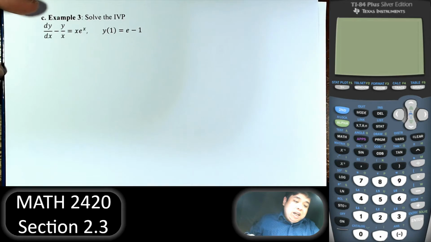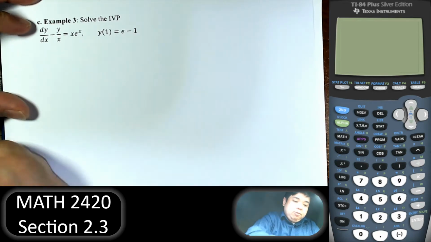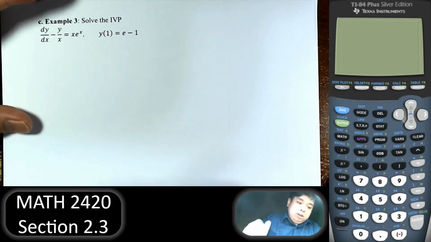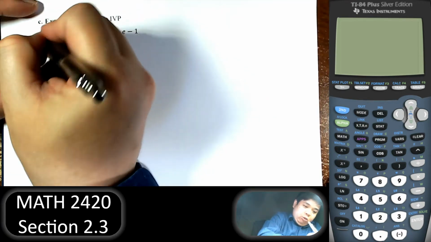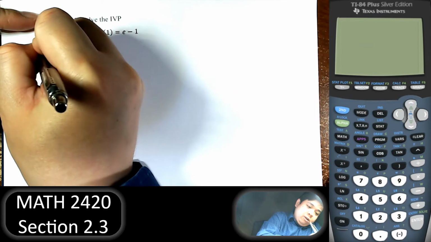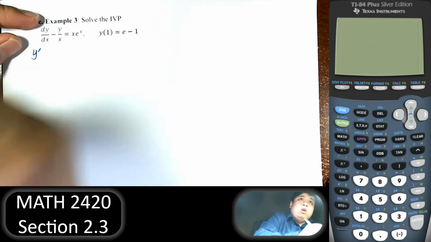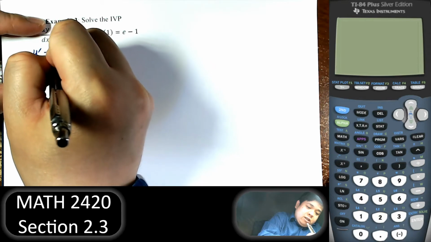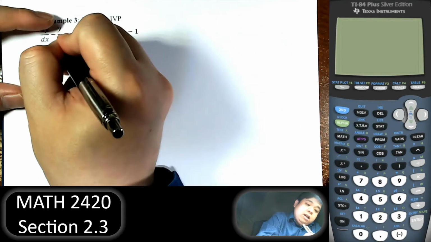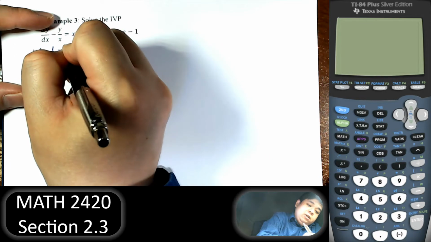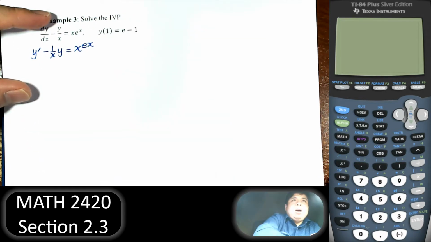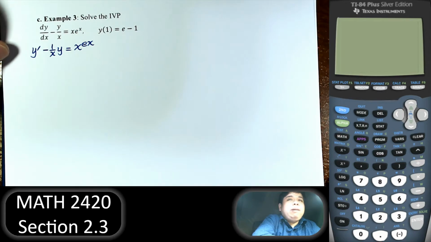Solve the initial value problem. By the way, if I just rewrite this equation, it will be in standard form. So we write this as y prime. Instead of writing negative y over x, I will write negative 1 over x, and then y. It's better that way, right?